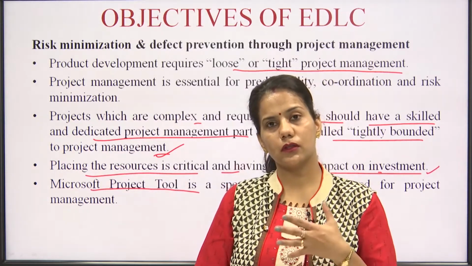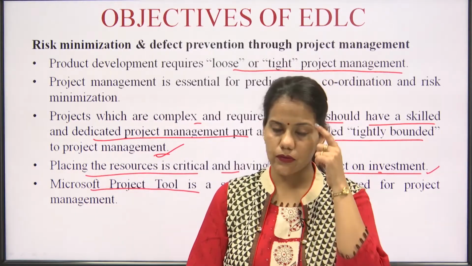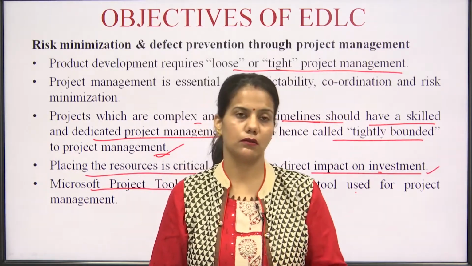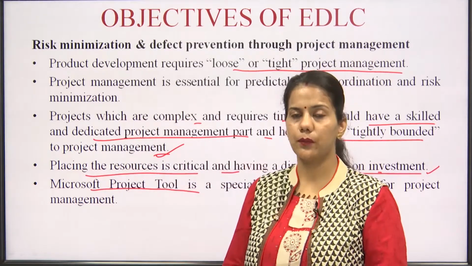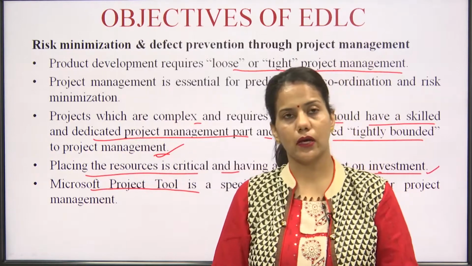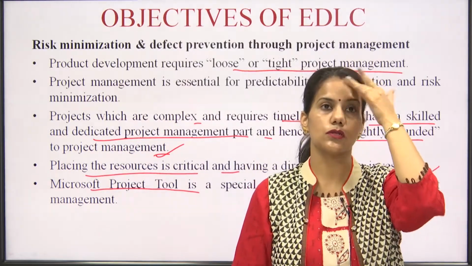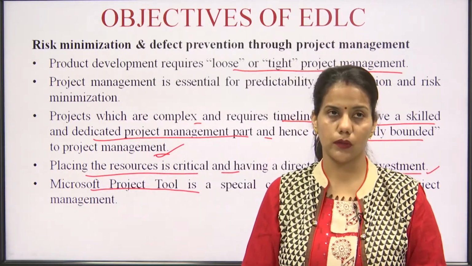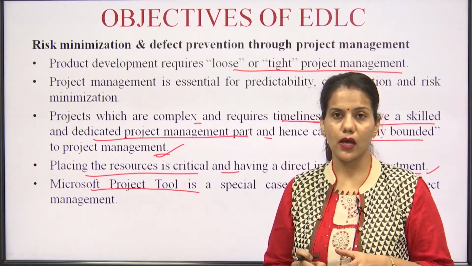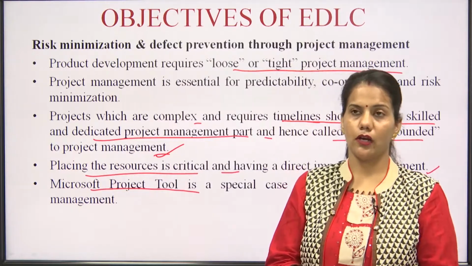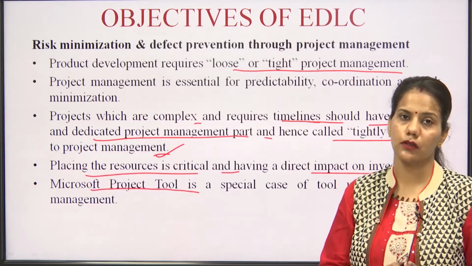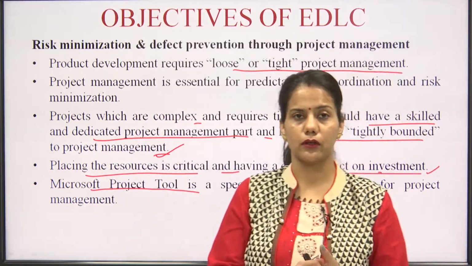So, for knowledge, risk minimization means, suppose we have allotted a limited number of resources, manpower, for a particular product development, and somehow at a certain point of time those resources are not available. In that case the risk minimization has to be maintained, and for that some backup of the manpower, some backup of the resources should always be there during the product development.